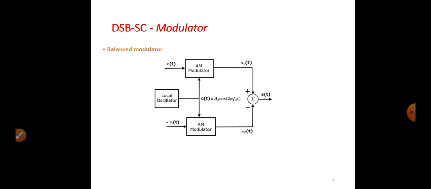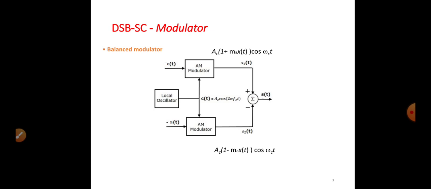Now from the diagram you can see that c(t), the same carrier signal, is applied to both the AM modulators. In the upper AM modulator x(t) is applied, and in the lower, minus x(t), that is x(t) with opposite polarity, is applied. So the output of the upper AM modulator is this, and the output of the lower AM modulator is this.